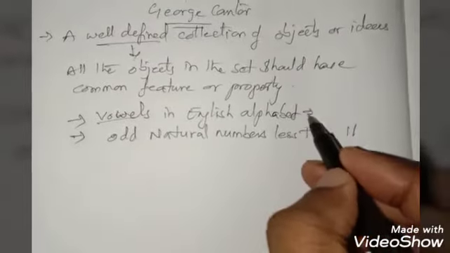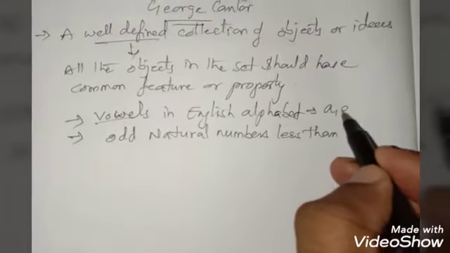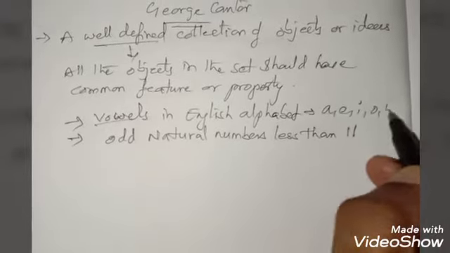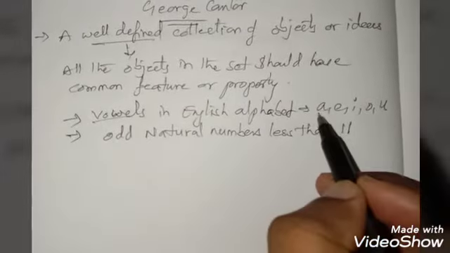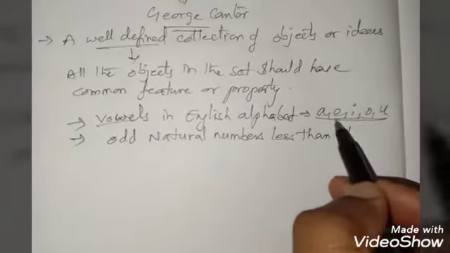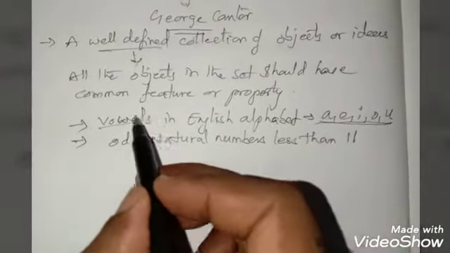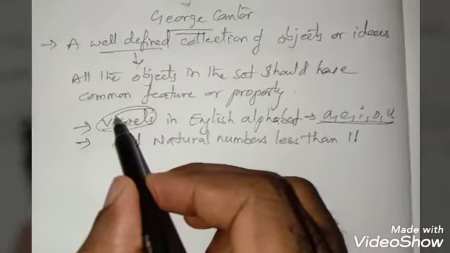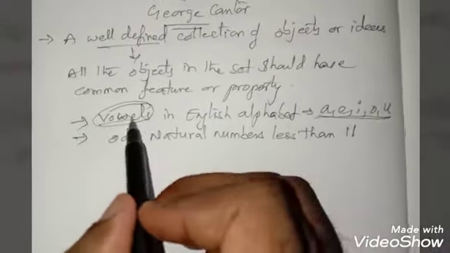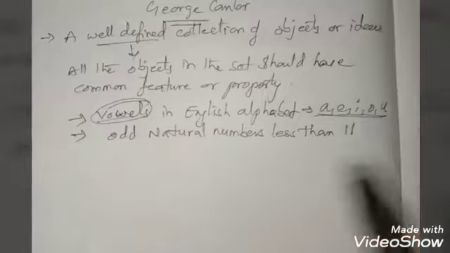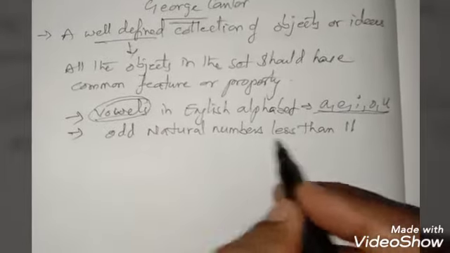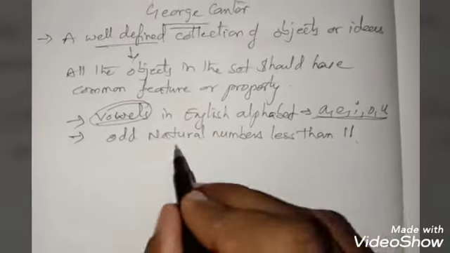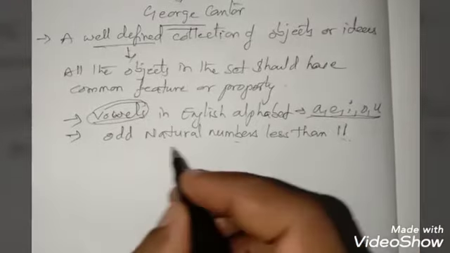Vowels consist of the letters A, E, I, O, U. Right, so these are the five letters included in the vowels. So vowel is a common feature of A, E, I, O, U. Now here the number is less than 11, so natural numbers less than 11 which are odd.